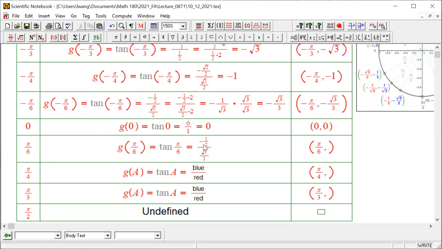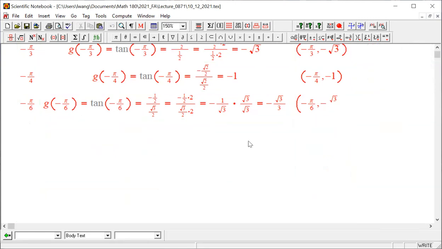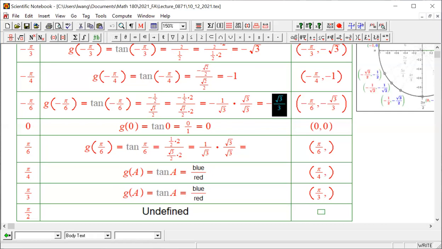Okay. So go through similar steps. You're going to end up with 1 over root 3. And then you rationalize it. So you times 2 on the top, you times 2 on the bottom. And in the end, you get root 3 over 3.